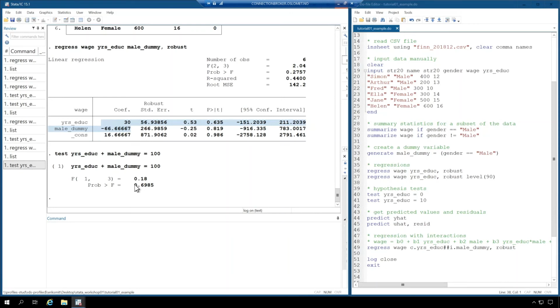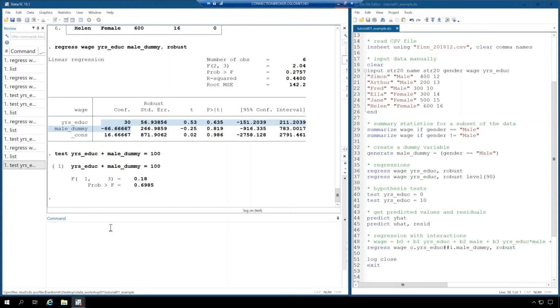The probability of getting these coefficients, which we got from the regression, is 69.8%. This is the probability of getting this sum or more.